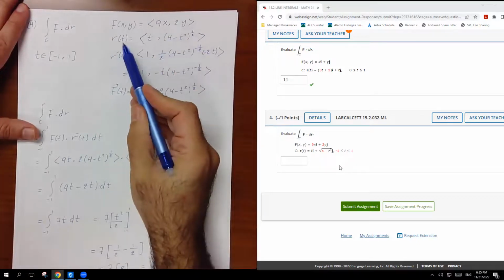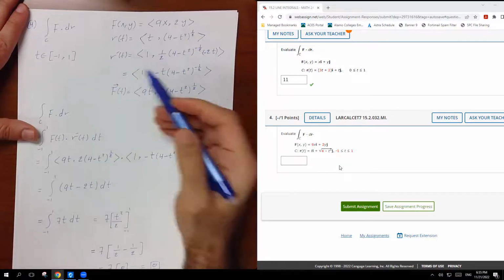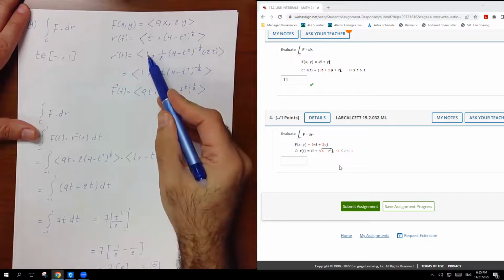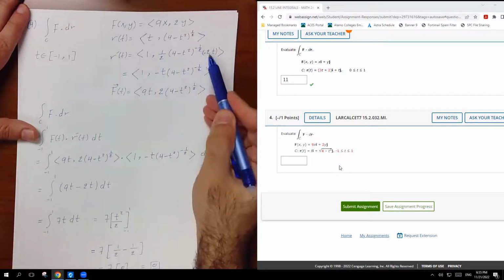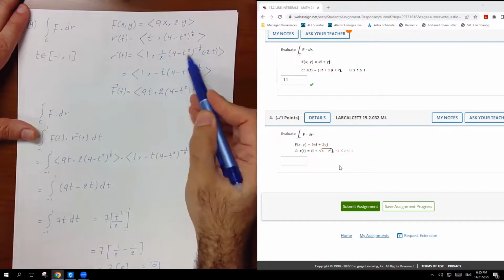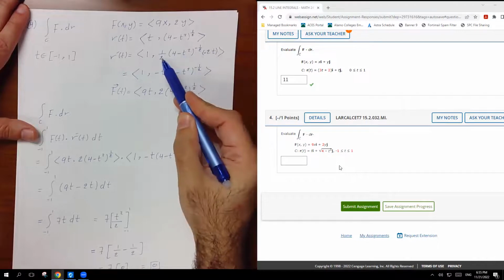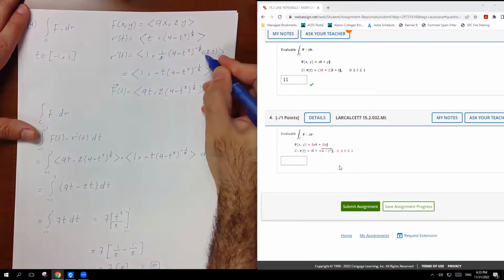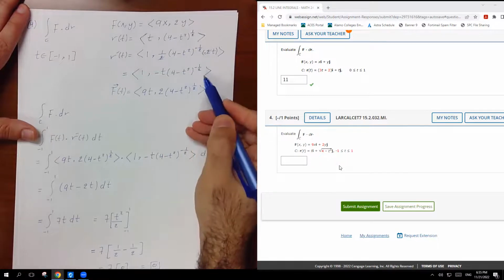And r of t is t and (4 minus t squared) to the half. R prime, careful here, is going to be 1 half times (4 minus t squared) to the negative half times the derivative of the inside, which is negative 2t. Cancel the 2 with the 2, so it's going to be negative t times (4 minus t squared) to the negative 1 over 2.